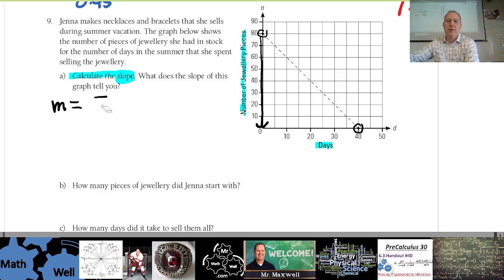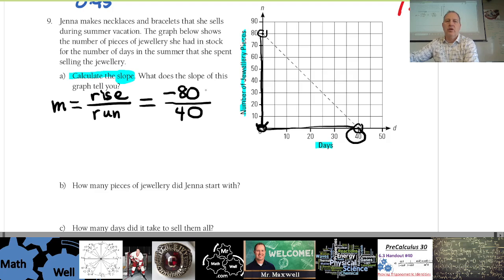Again, let me just write this for you. Slope is rise divided by run. The rise is the change in vertical position, so it goes down 80 pieces. And then the run from here to here is 40.